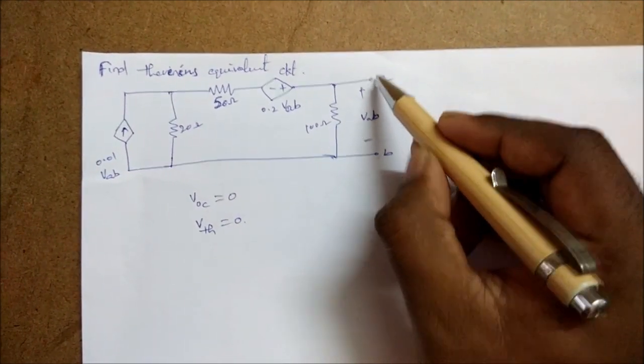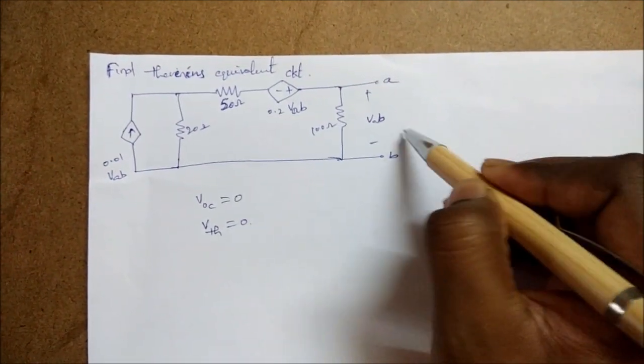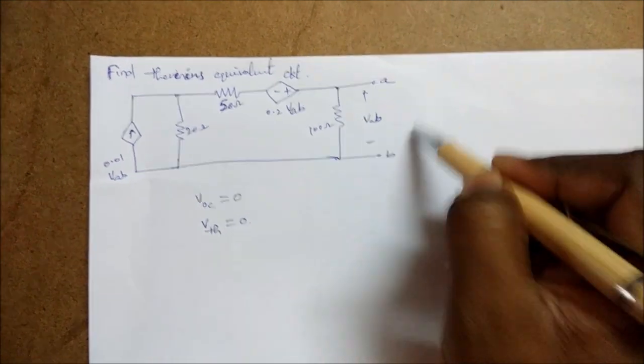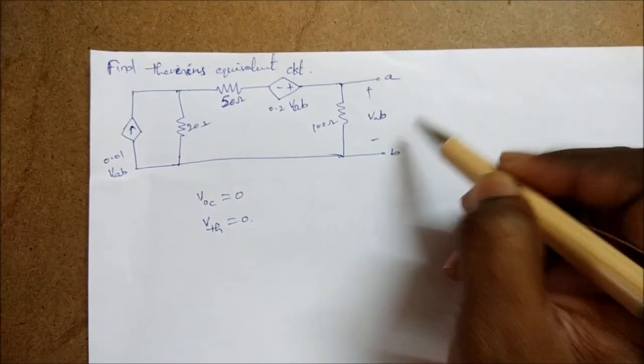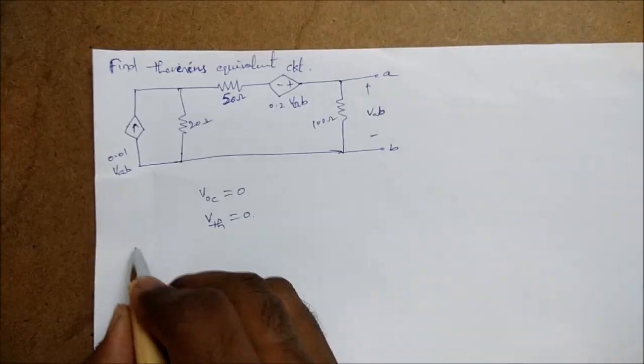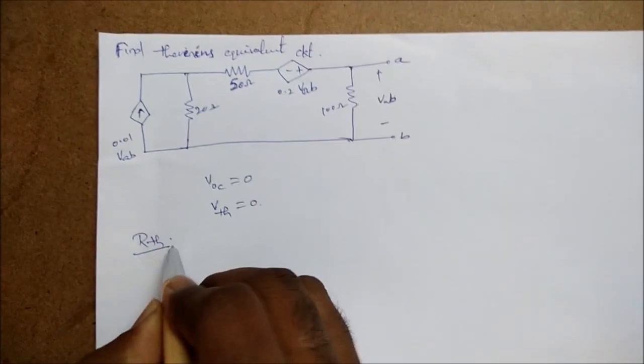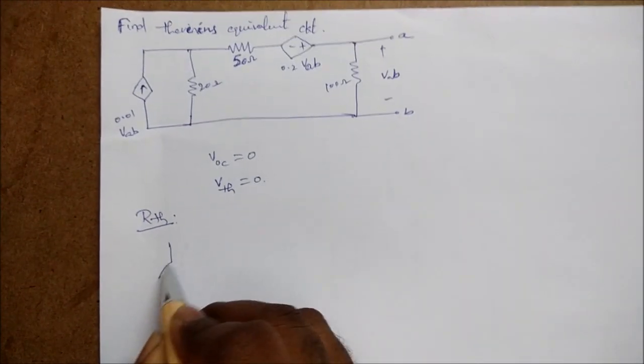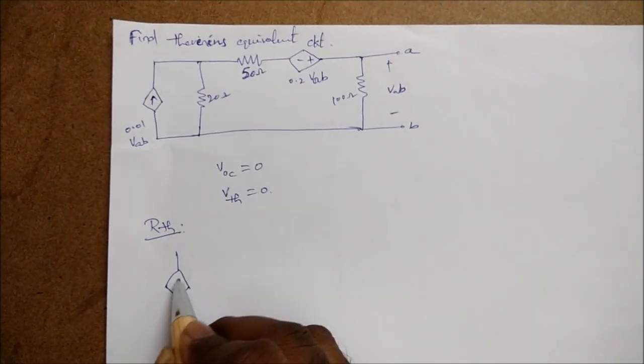So we need to connect one current source here, otherwise one voltage source. So let us draw the circuit.